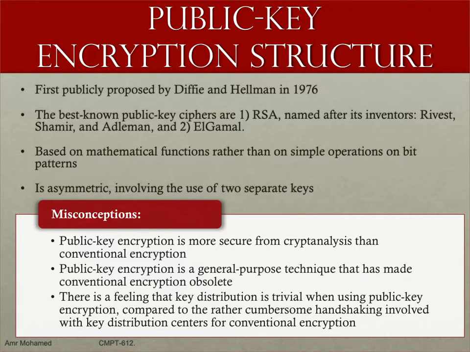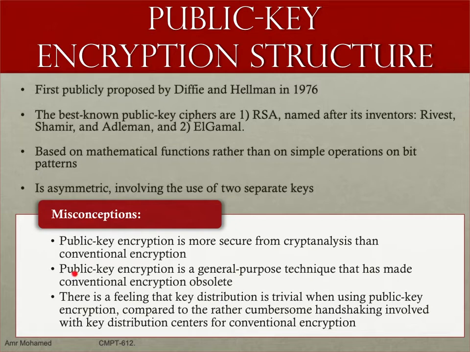That's why public key cryptography is typically used not for encrypting the data, although it's possible, but in many cases for encrypting hashes or digital signatures and things like that.